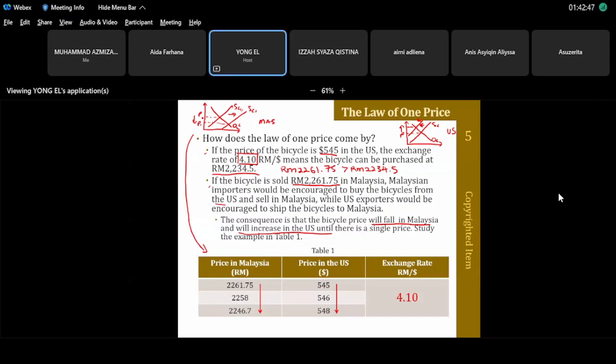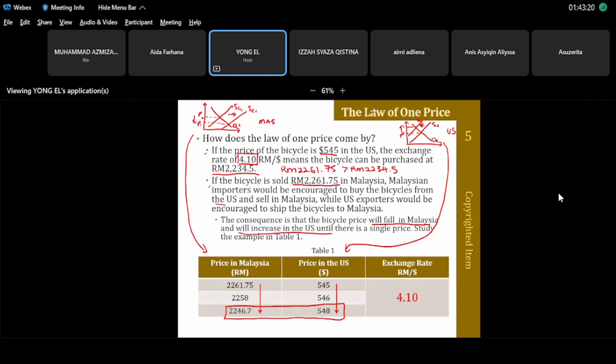You can see here in this column right here, the price in the US increases from 545 to 546 until 548. At this price level right here, if you convert 548 using this exchange rate, 4.10, what is the value that you get?